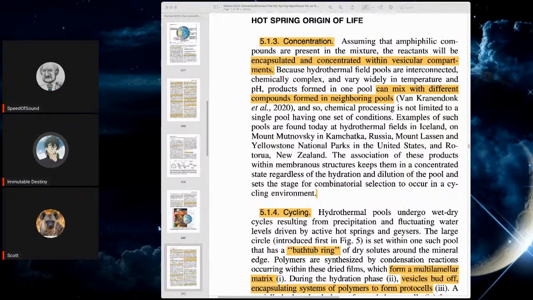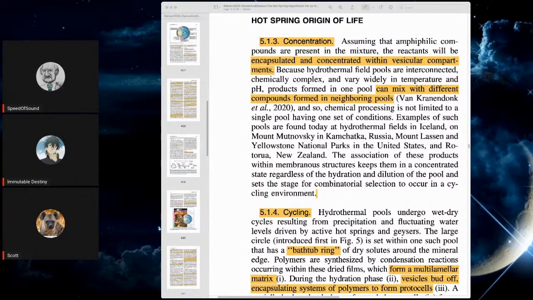Examples of such pools are found today at hydrothermal fields in Iceland, on Mutnovsky in Kamchatka, Russia, Mount Lassen and Yellowstone National Park in the United States, and Rotorua in New Zealand. The association of these products within membranous structures keeps them in a concentrated state regardless of the hydration and dilution of the pool, and sets the stage for combinatorial selection to occur in a cycling environment. Okay.